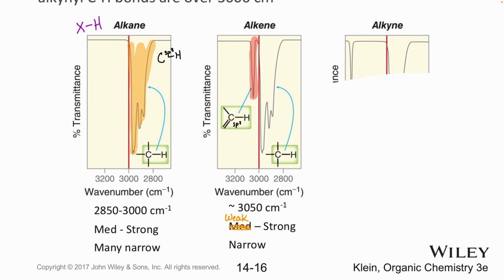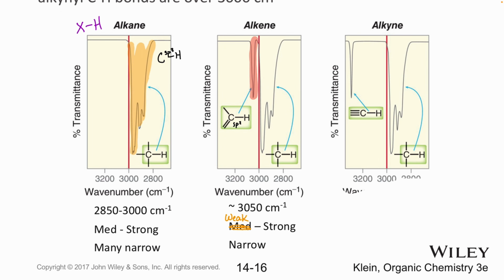And if we have an alkyne, we again see a peak north of that 3,000, but now we're way far north of that marker, around 3,300. Again, a nice medium to strong peak that is always nice and sharp, narrow.